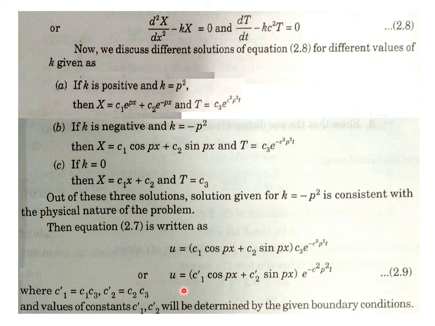So there are these two unknowns, and we have to calculate the values of C1 dash and C2 dash using the given boundary conditions in a particular problem of the one-dimensional heat equation.